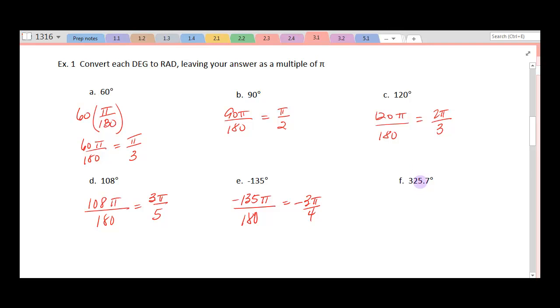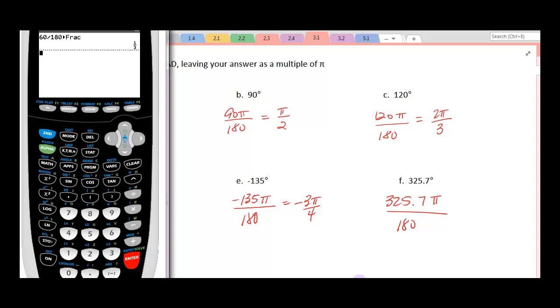And last but not least, what about this one right here? This is a decimal value. So in order to convert this decimal value, 325.7, we would multiply 325.7 times pi and divide that by 180. So let's just see that one on the calculator. I'm going to say 325.7 times pi.